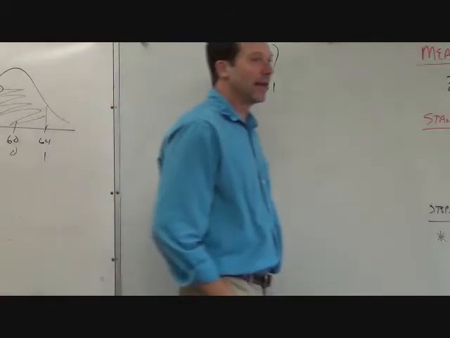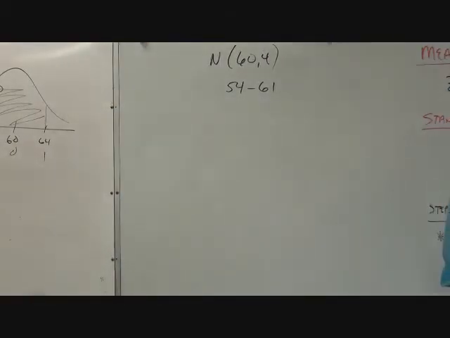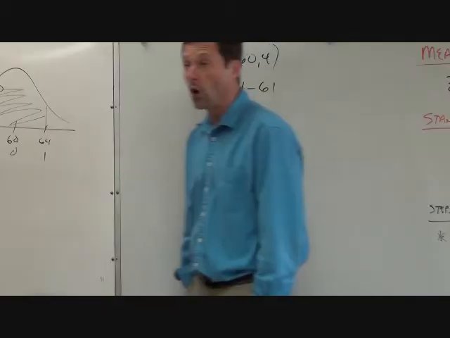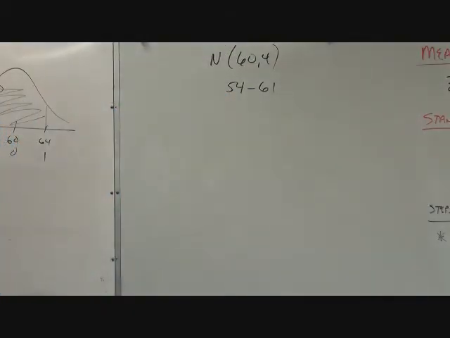We got to do some calculating now after we shade, right? What are we calculating? Standard deviations from the mean that you are. Yeah, it's called the z-score. So you just have to write the formula once, and then you can plug in 2 sets of numbers to get your z-scores, and then put them on your picture.